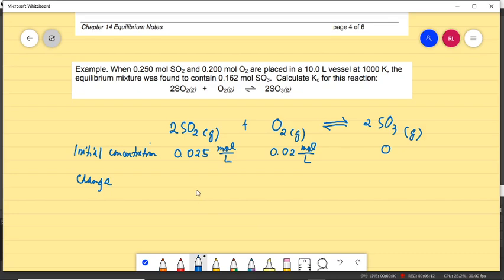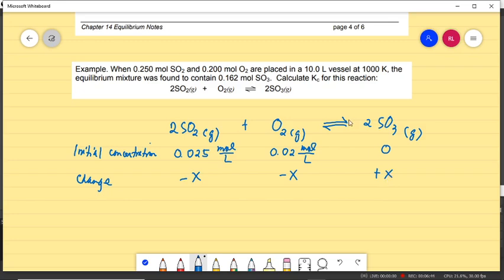So, as stated earlier, let us assume that the change in concentration is x. This is negative x, this is negative x, and how about this one? This is positive x.